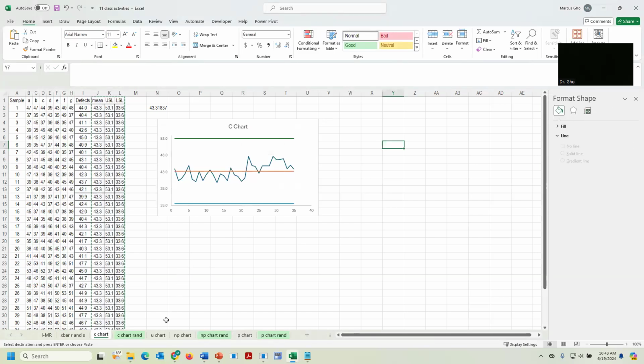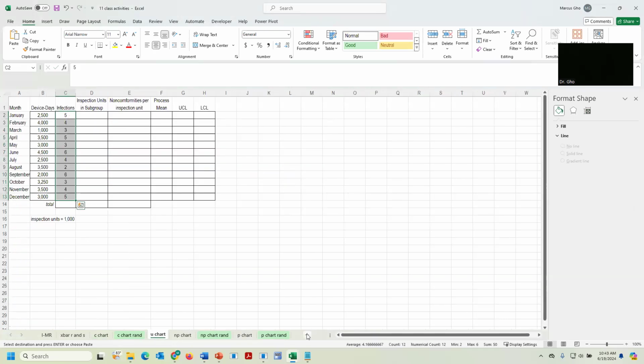Great. Now let's look at our U chart. That's the next one that we have. The U chart is used when you have a number of units, so we sampled at some time point, and a per unit average number of nonconformities will be obtained. So we have things like infection, and when you look at infections, usually the numbers of infections that occur is really small.